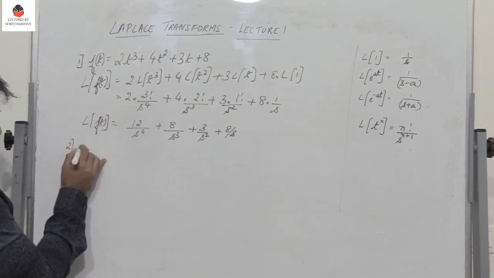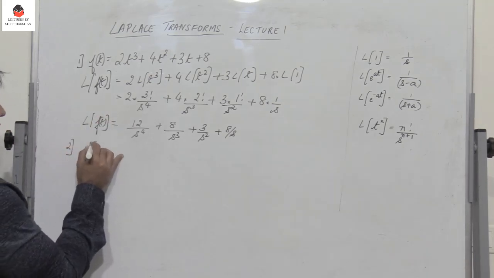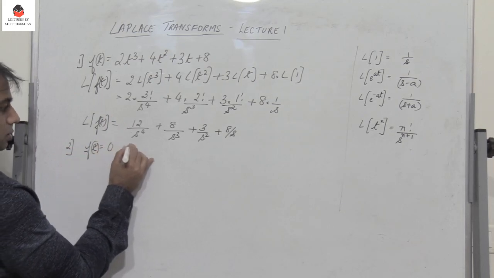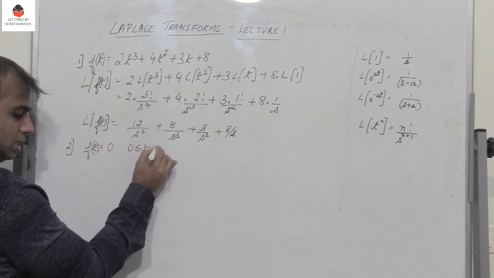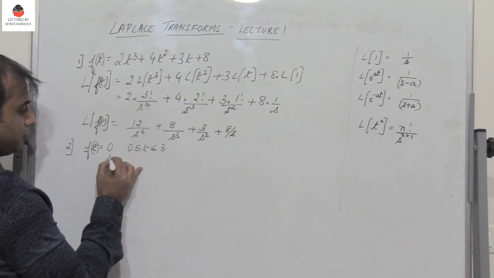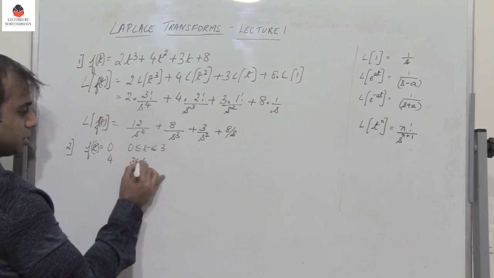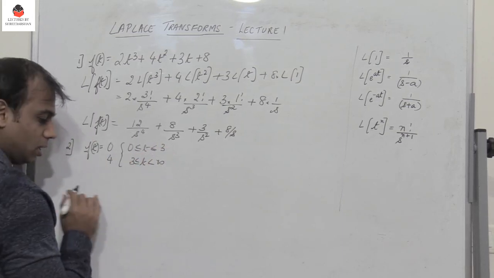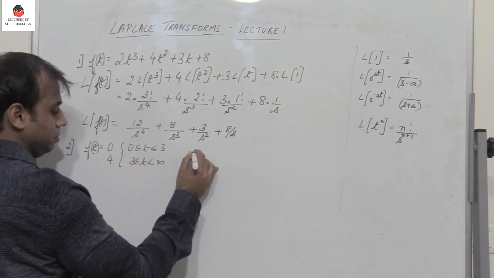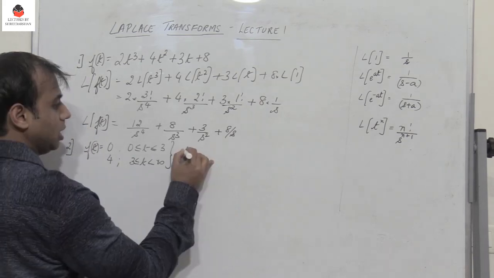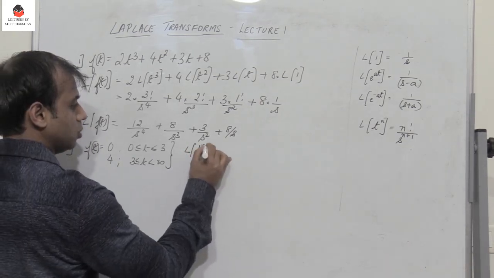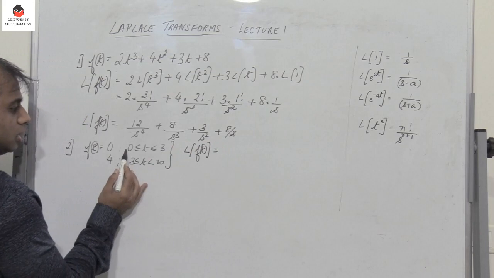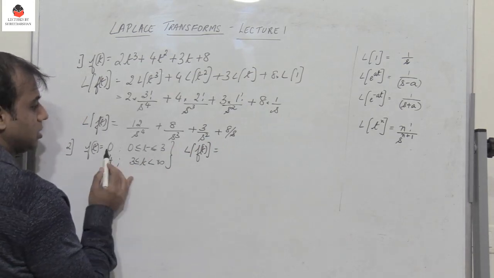Second example, f of t equals 0 for t varying between 0 to 3 and 4 for t varying between 3 and infinity. Okay, so now I need to find the Laplace transform of f of t. So here for the limit 0 to 3 it is 0, right?